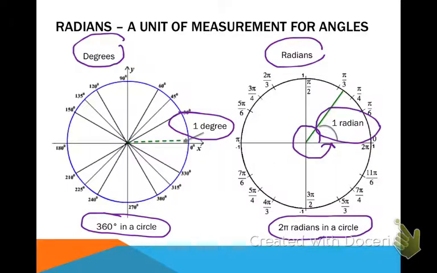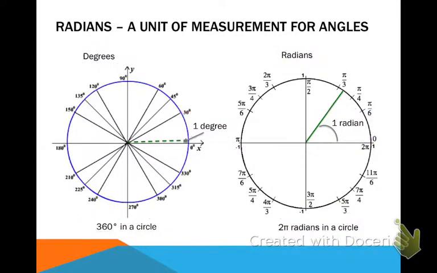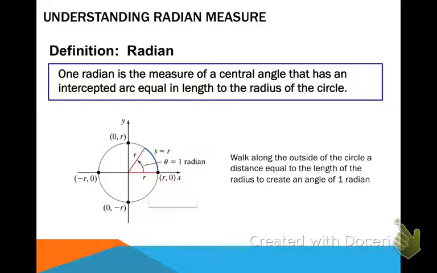Let's look a little bit more closely at the definition. So the technical definition of a radian is that 1 radian is the measure of a central angle that has an intercepted arc equal in length to the radius of the circle. What the heck does that mean? Well, think about it this way.